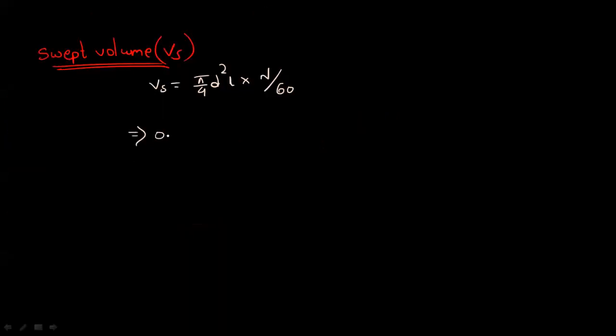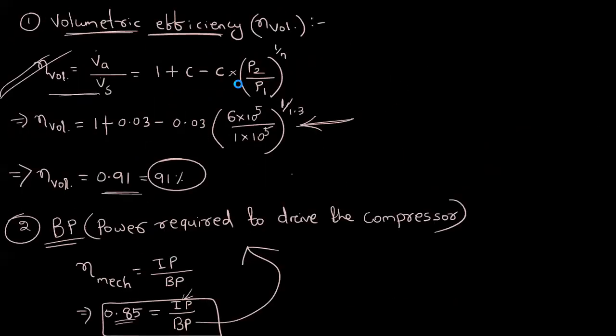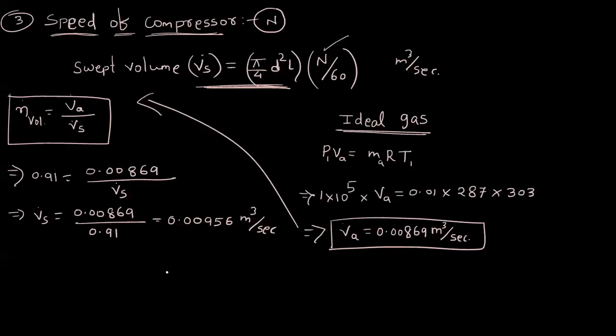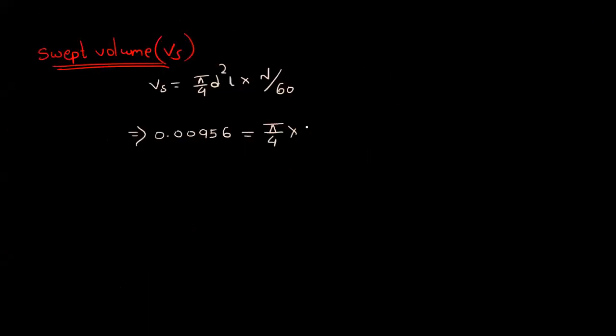So 0.00956 is equal to pi by 4 into diameter and length. Diameter is 0.1, length is 0.15. So diameter is 0.1 square and length is 0.15 into n, which we have to calculate, divided by 60. So now solve this equation and we will get the speed.